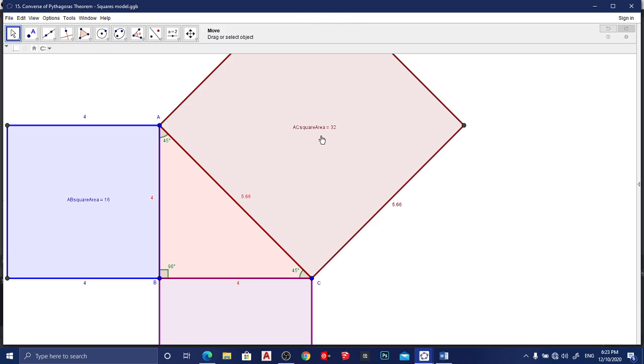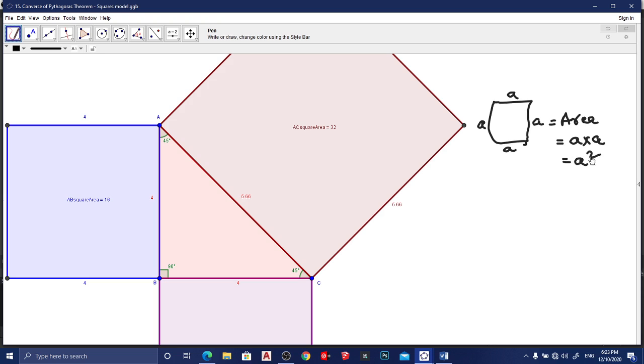What is the area of the square formula? For example, if I take a square with side A, all sides are equal, then the area of the square is equal to side square, which is A into A, which is equal to A square.